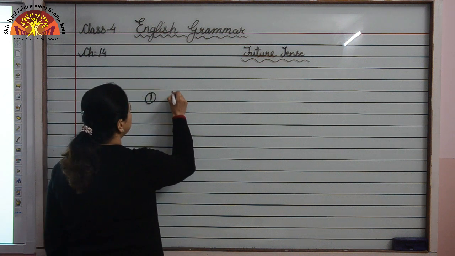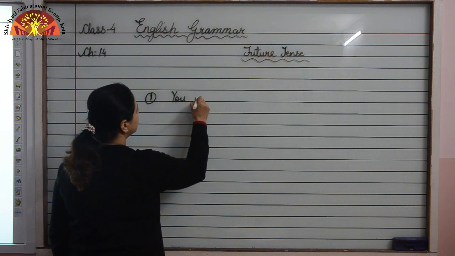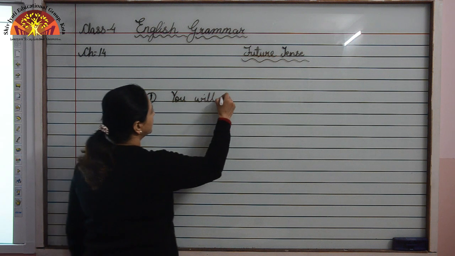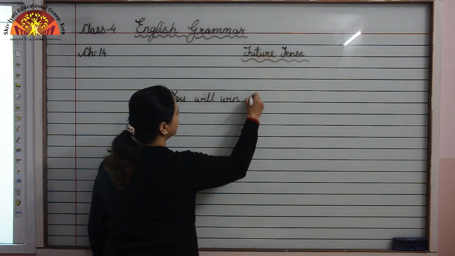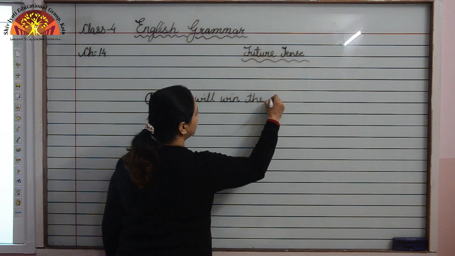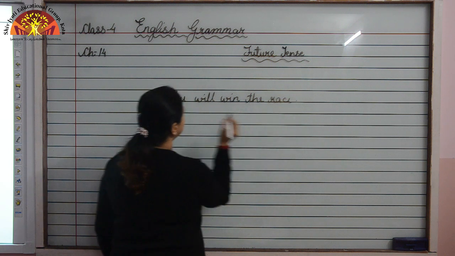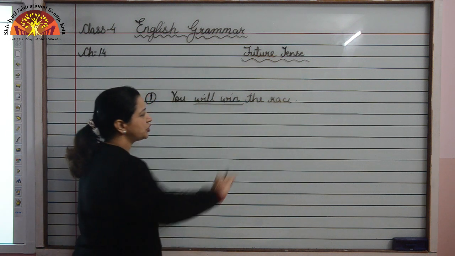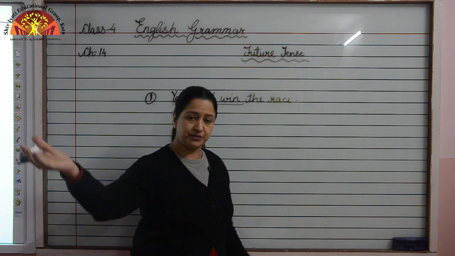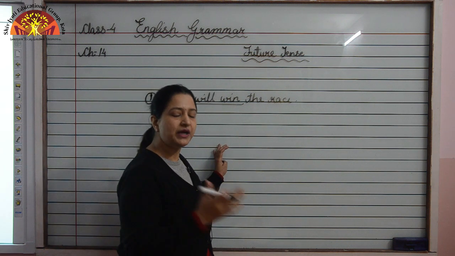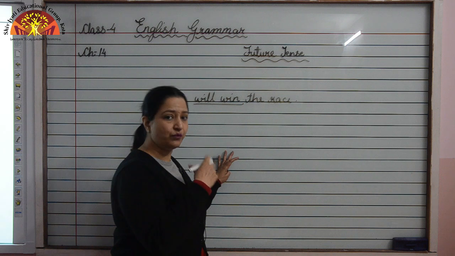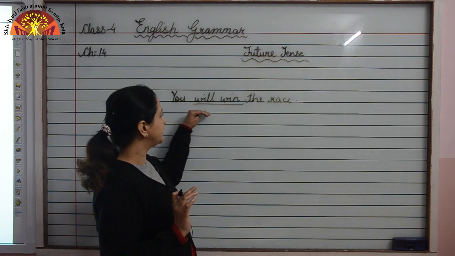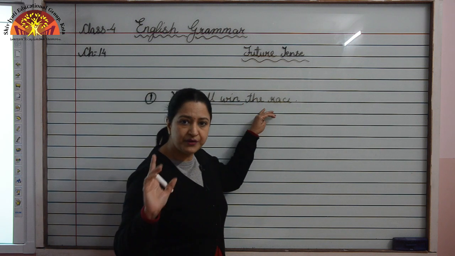You will win the race. Okay, here in this sentence we are talking about future. Okay, you will win the race. Okay, we are expecting that he will win. So here we have written you will win the race.